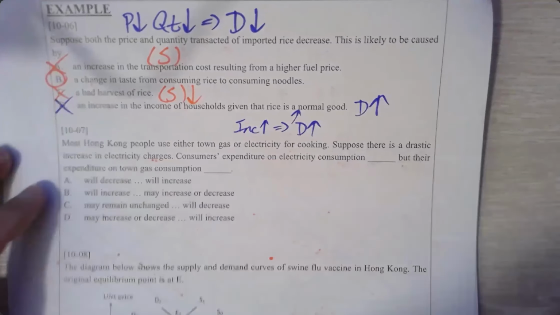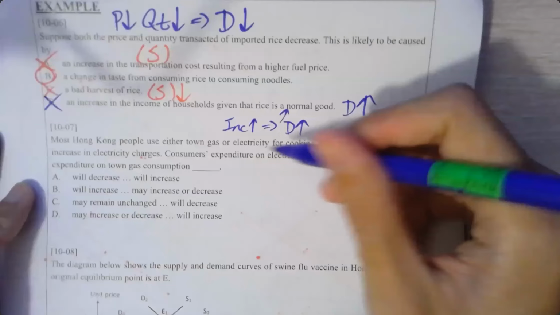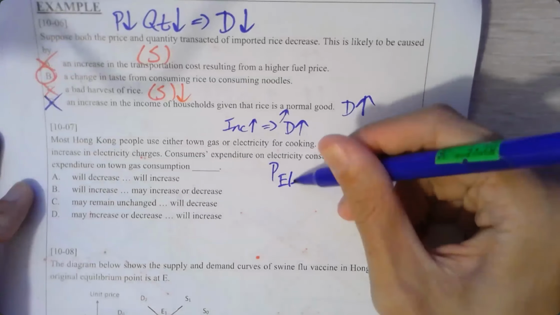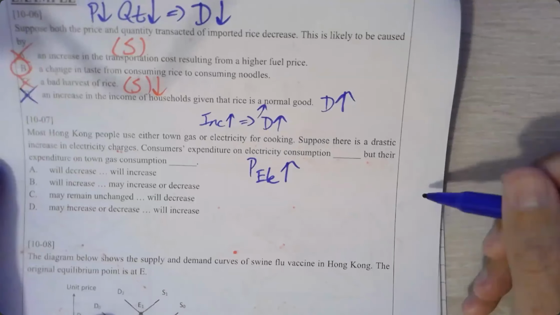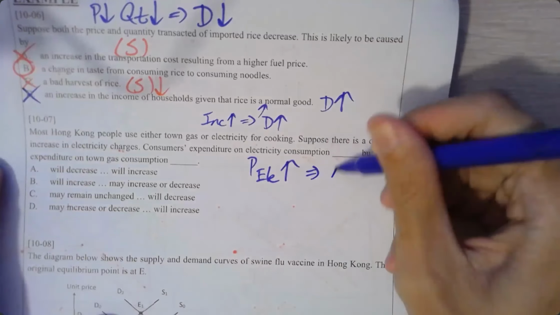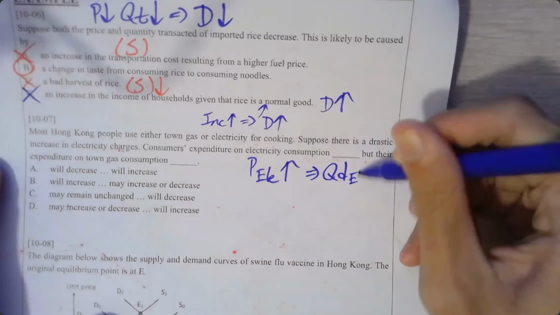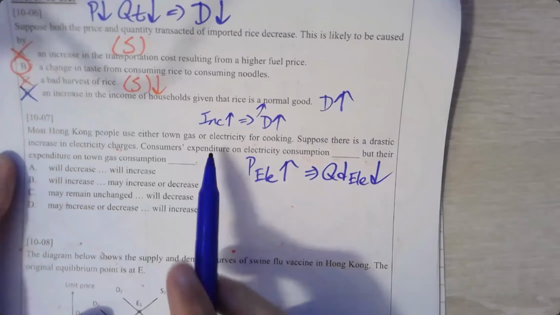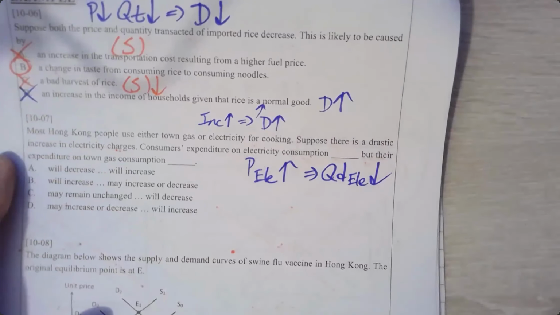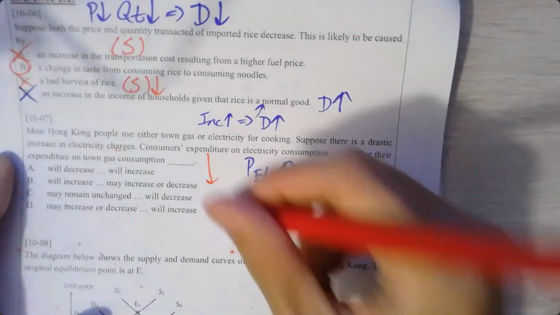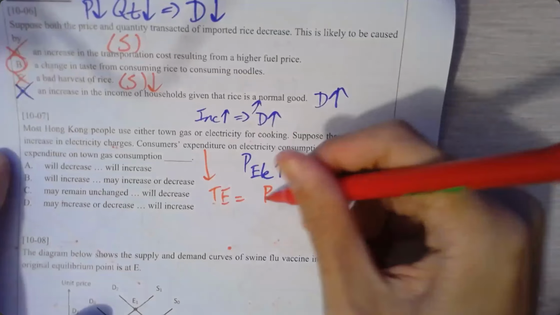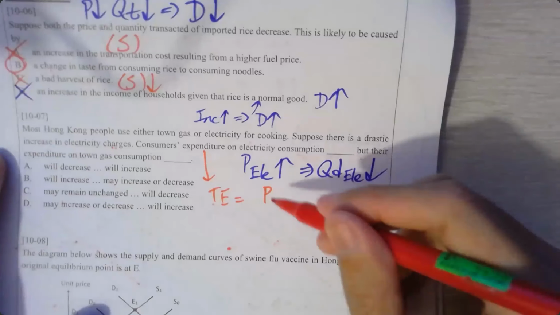Look, what happens? Here, when the price of electricity increases, according to the law of demand, QD of electricity would decrease. What is expenditure? We learned it today. Simply total expenditure, how much you spend.